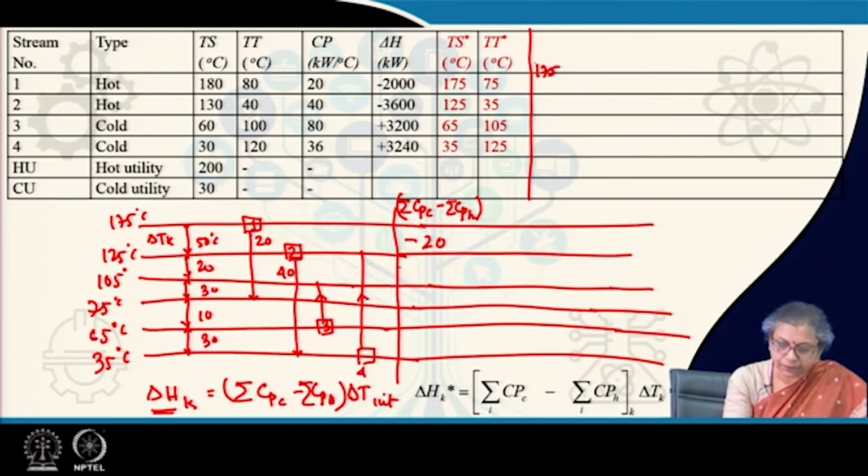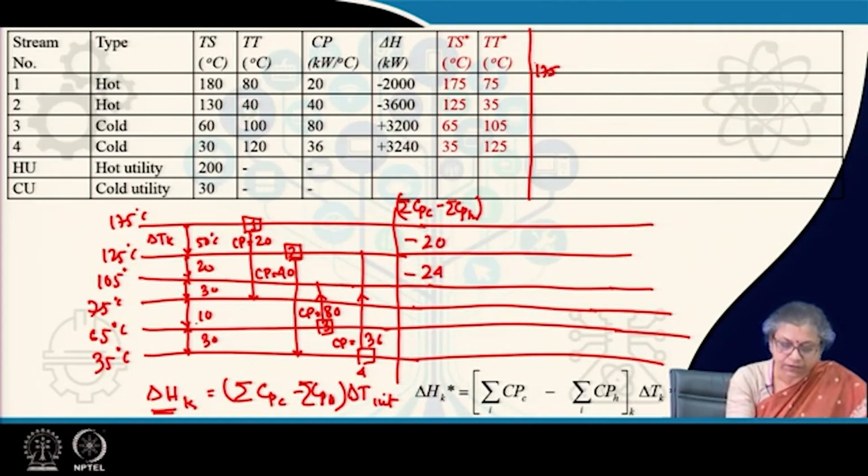So for stream 4 it is 36, for stream 3 it is 80. So for this interval it should be 36 minus 40 minus 20, which gives you minus 24.